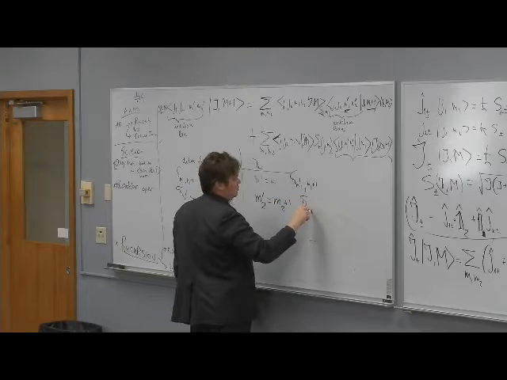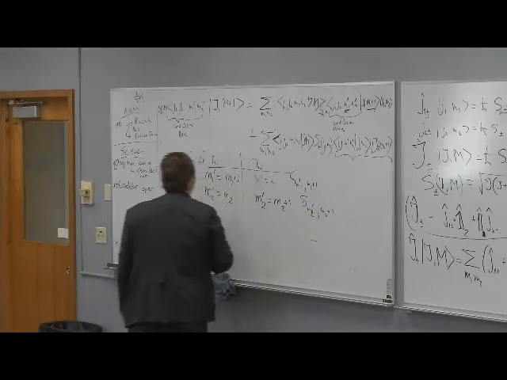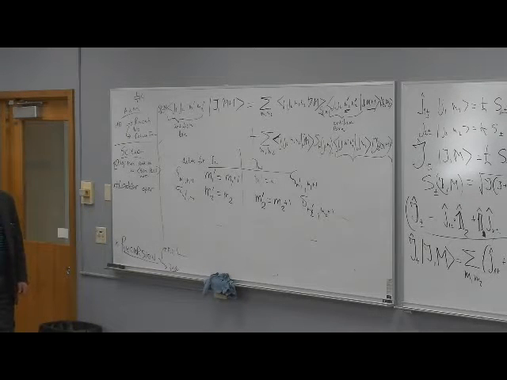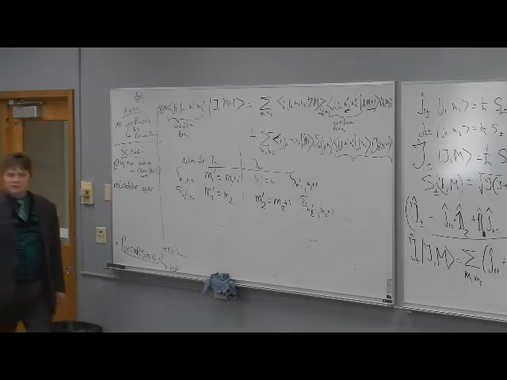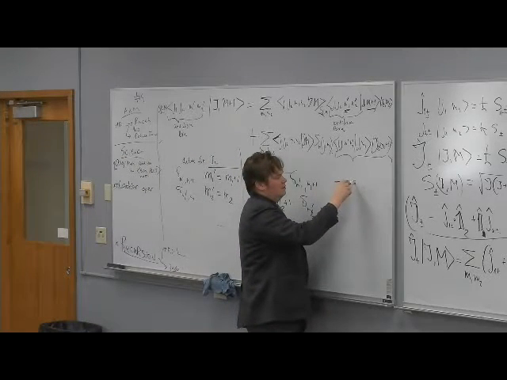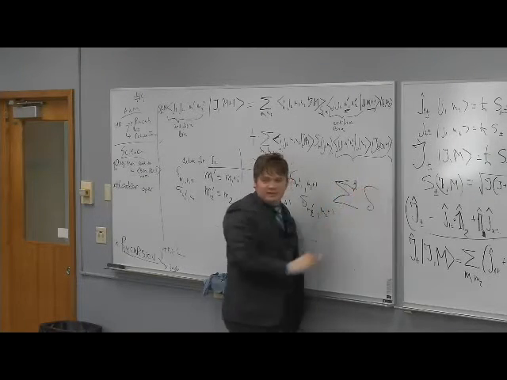Delta M2 prime, comma, M2 plus 1. So we are going to observe the snake and the rabbit once again.